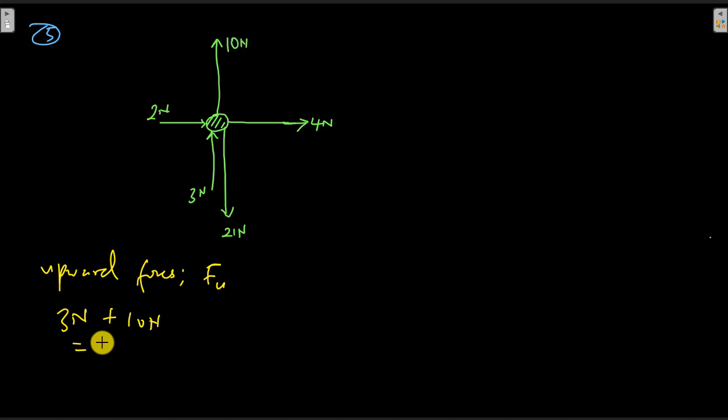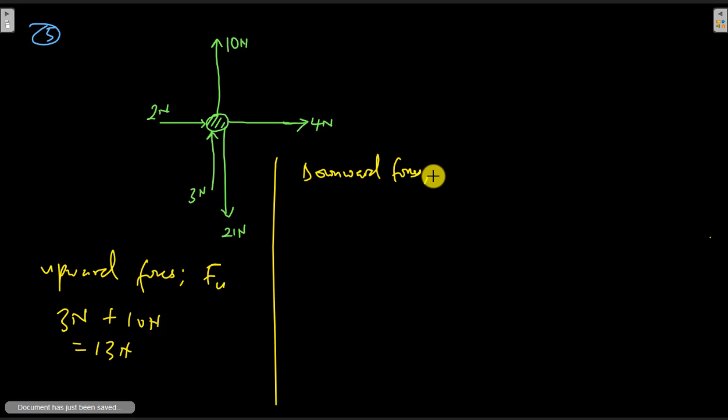So that gives us a total of, what's that? That's going to be 13 newtons. Okay, let's look at the downward forces. Okay, sorry. Let's have downward forces. There we have, I call this FD. So downward forces, we have only 21 newtons.